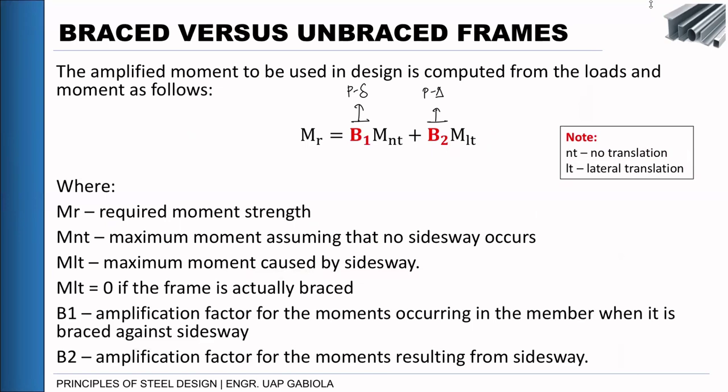So when the frame is braced, our Mlt is 0. For a braced frame, as I mentioned earlier, Mlt equals 0. Since we have no P big delta effect, we have no B2, so this term is gone. So our Mr for a braced frame is actually just B1 times our Mnt.